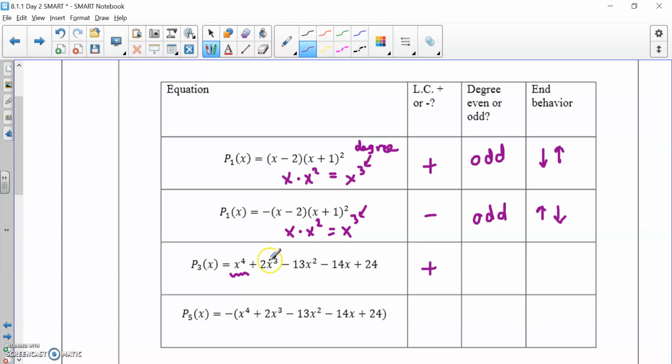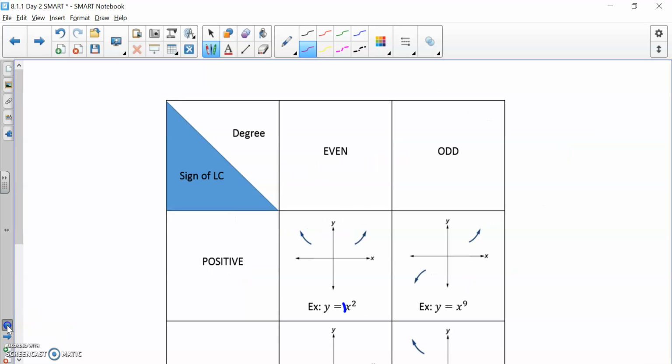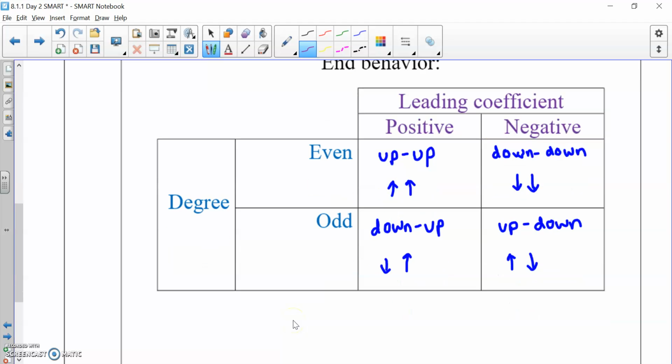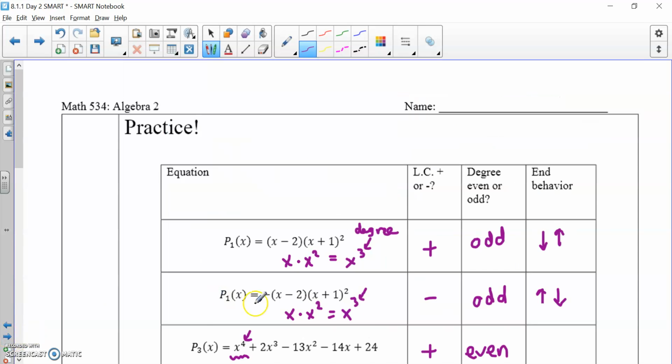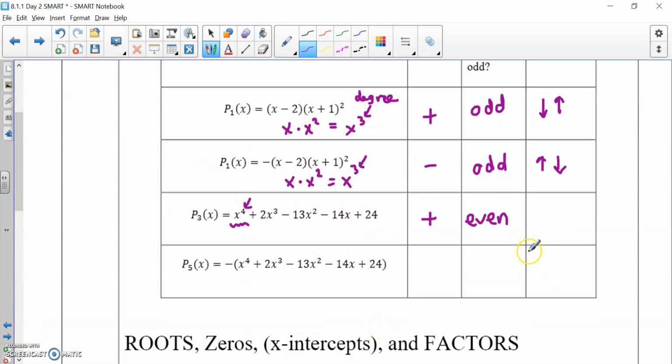And then the degree is 4, which is an even number. So we'll put even. And so positive, even. We move back here to find that positive even gives us an up, up end behavior. So we will write up, up.